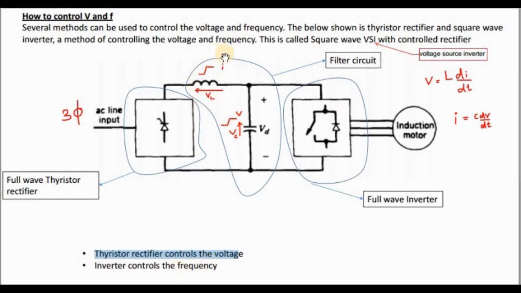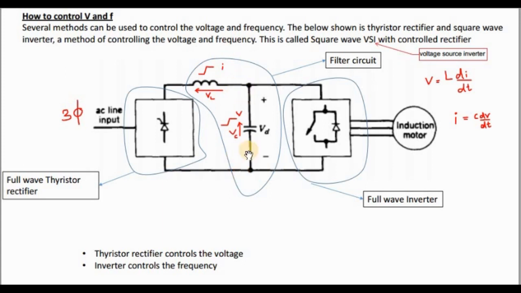Now if you concentrate on this filter circuit, here you have an inductor and a capacitor. This inductor prevents sudden increase of current.